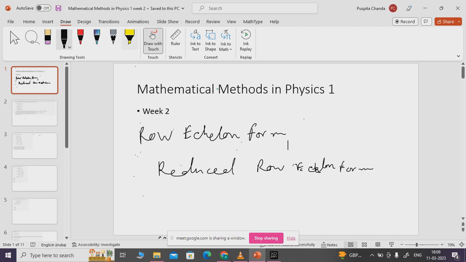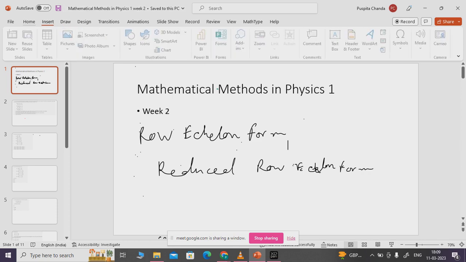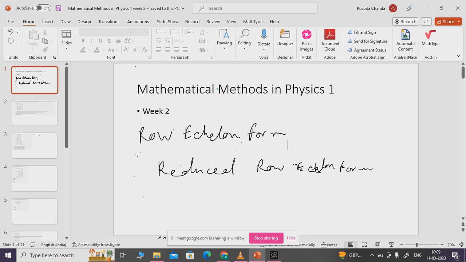So what is the difference between row echelon form and reduced row echelon form is here.